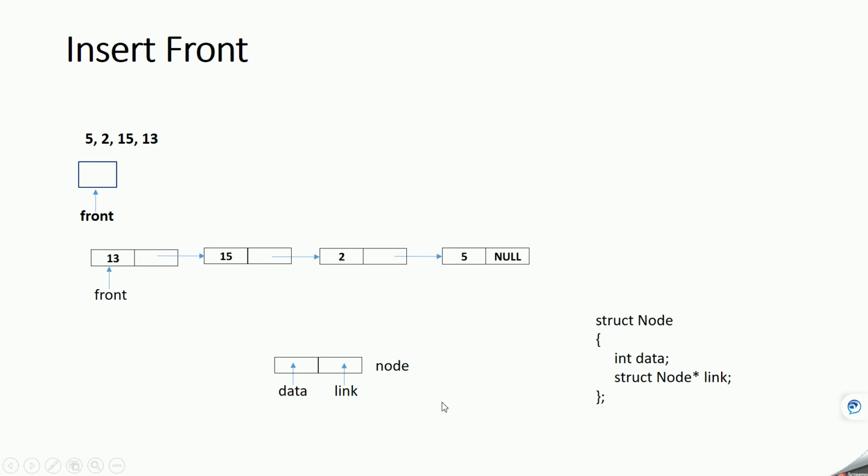Okay, now let's write code that will help us perform this operation. We have been given this data and we have to create a linked list by adding each of these data at the beginning. To create a node we will write code like this. This code will create a node that will have the front pointer.